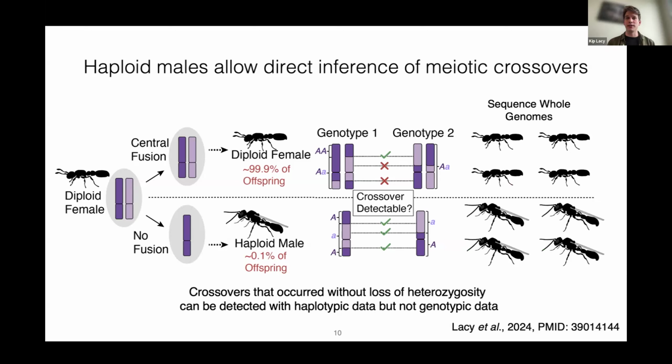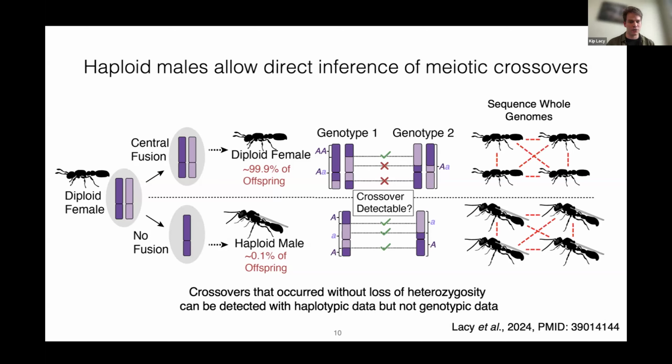These haploid males occur rarely, so I opportunistically sampled them. They're not from known pedigrees. There's presumably tens or hundreds of generations since their last common ancestor. And so I sampled diploid females from the same sort of scheme, sequenced their whole genomes, and performed all pairwise comparisons to count crossovers.